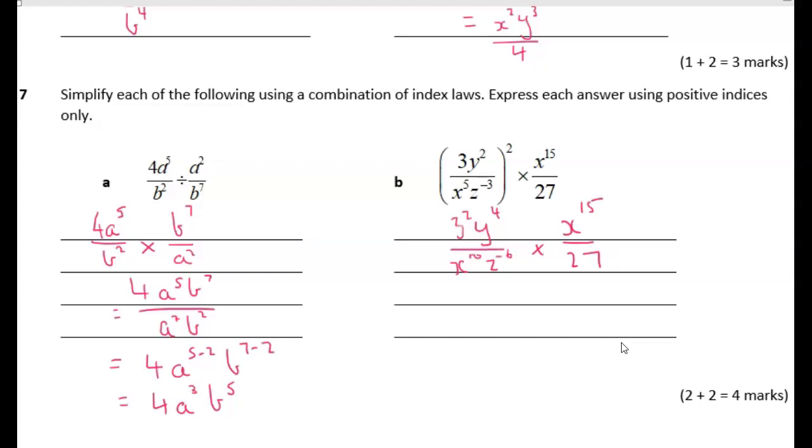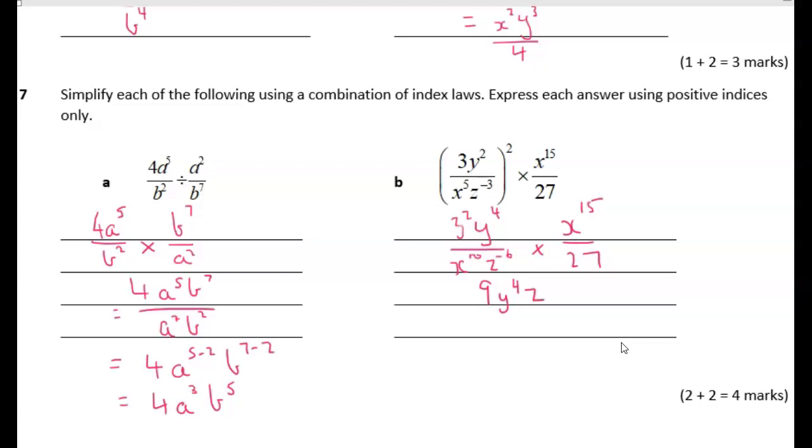All right, so let's just tidy things up a little bit. So I'm going to do two things in one go. I'm going to tidy things up by making that a 9, but also I'm going to multiply my numerators and my denominators at the same time. So I'm going to have 9y to the power of 4. And that z I'm going to bring up now as well.